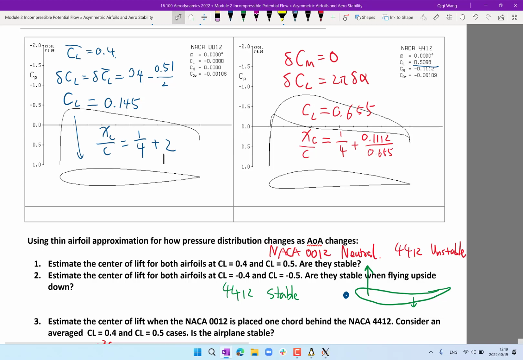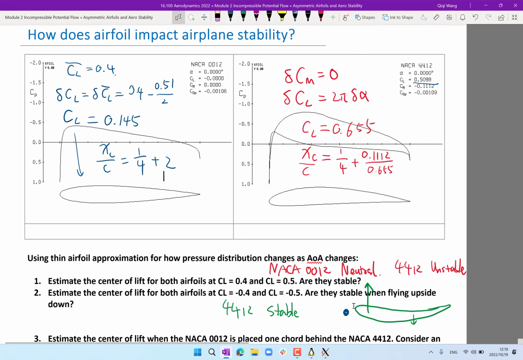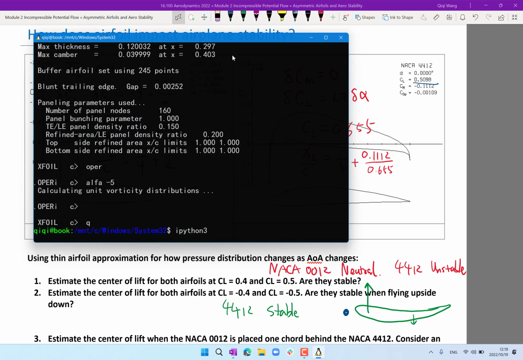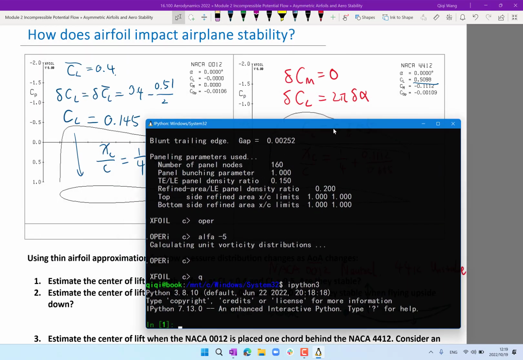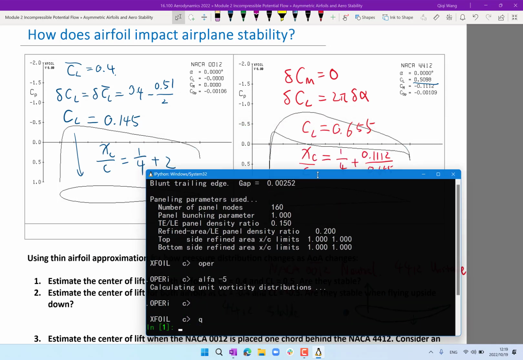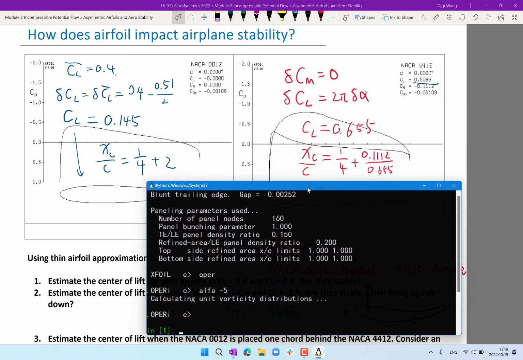So the center of lift is going to be, let me just fire up my calculator, which is just a Python. All right, and that is going to be, so quarter plus 0.1112 divided by 0.655. That's the center of lift of the front airfoil.